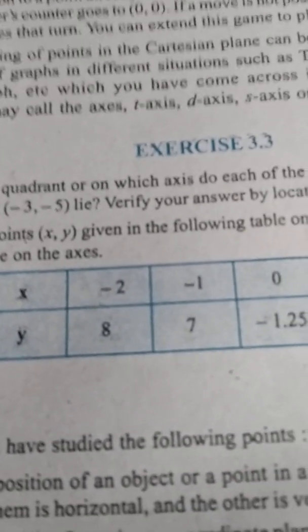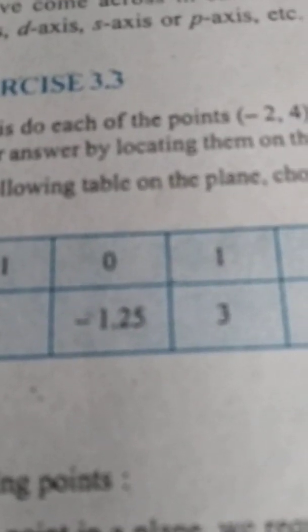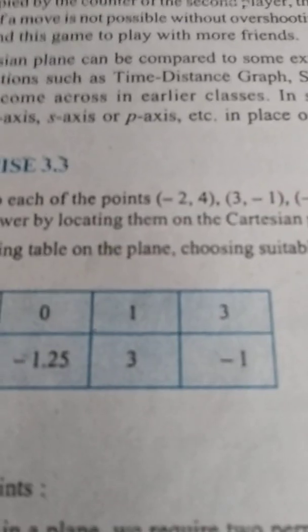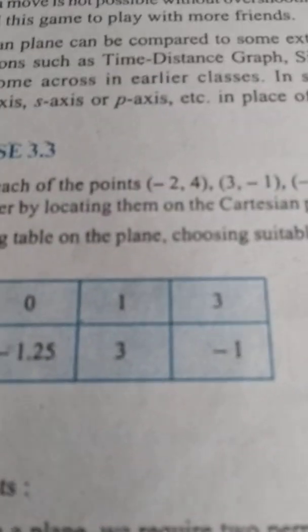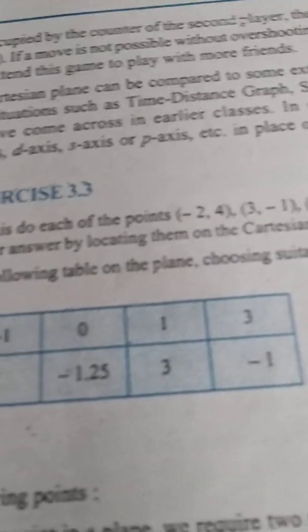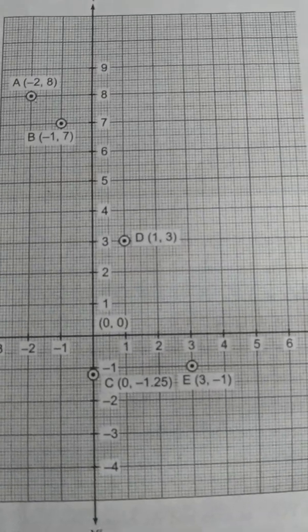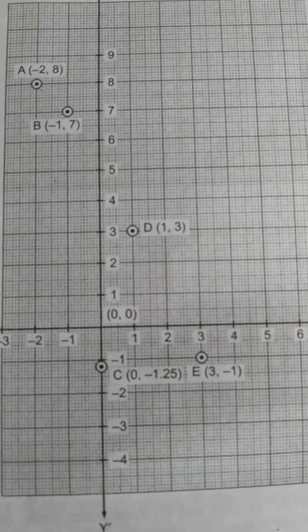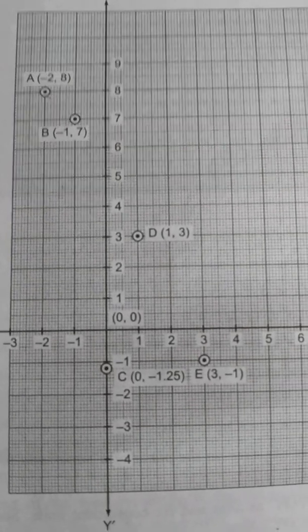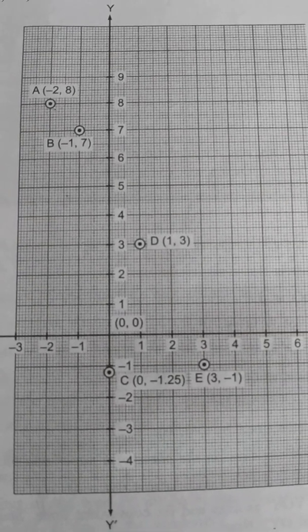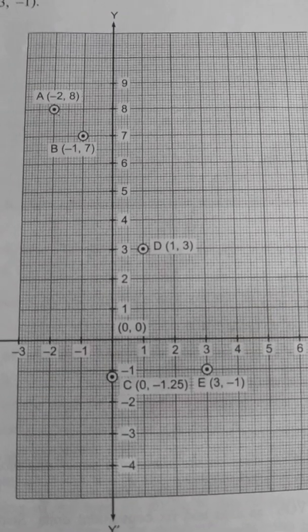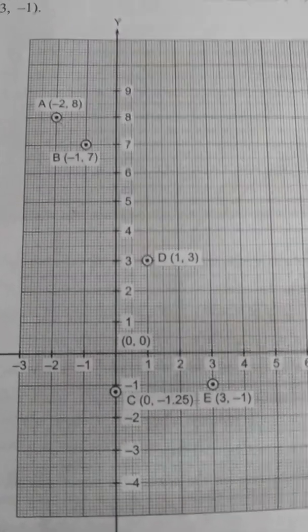So first ordered pair will be -2, 8, second -1, 7, third 0, -1.25, fourth will be 1, 3, fifth 3, -1. So you will draw x-axis and y-axis on the graph paper. Now let us start. The first point is -2, 8. Can you see -2 on x-axis and 8 of y?